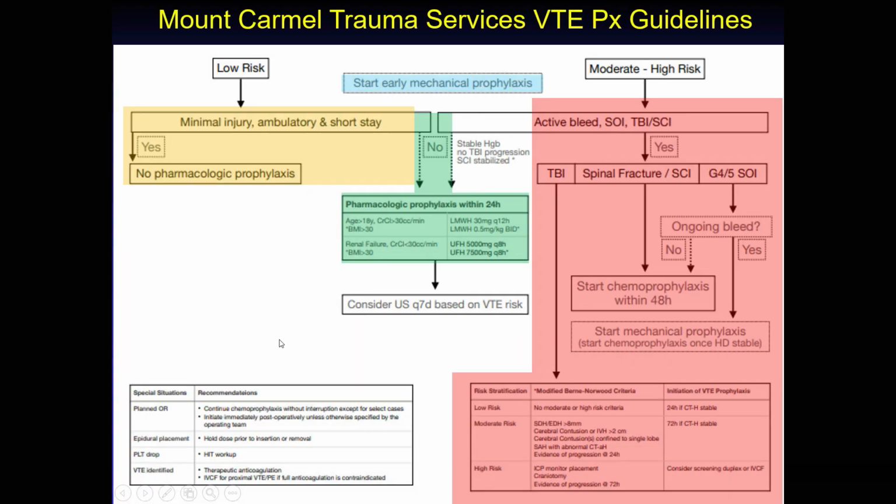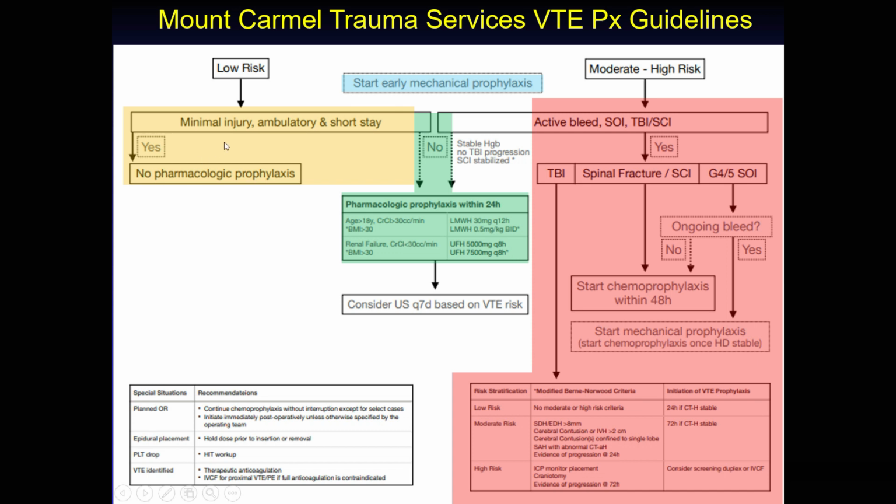Dr. Zazan has done a good job of synthesizing all of this data and in particular, I think the strengths of both the AAST and the WTA guidelines into an institutional set of guidelines for us here with our Mount Carmel trauma team. And let's finish our discussion on VTE prophylaxis and trauma by reviewing these.